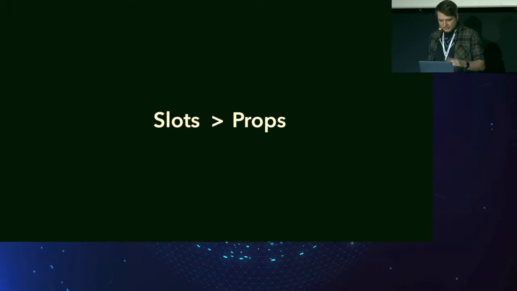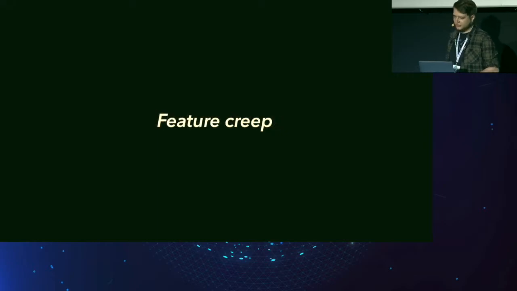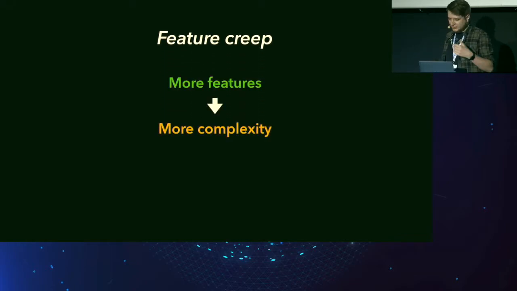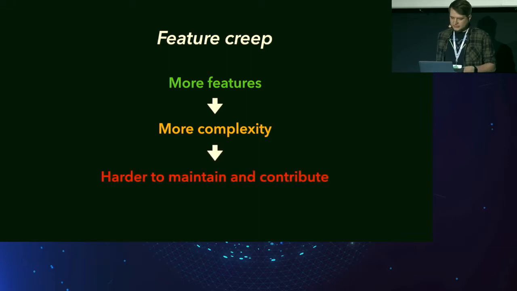And this is something that I struggled with in Multiselect, because then there were the feature requests, and those lead to feature creep. Because more features mean more complexity, which means a harder time to maintain and for others to contribute to the code. And for me too, I'm barely knowing what is happening there at this point because I merged some pull requests a while ago.